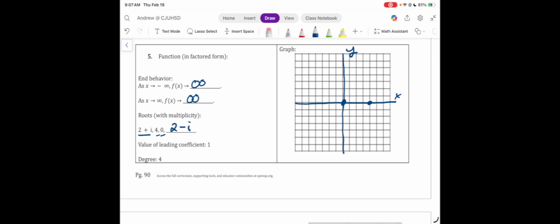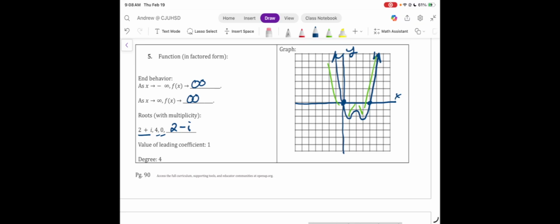So as a graph, it's going to come down from the top. It's going to turn around and squiggle around and turn around again and then come back through. So that when we count, the degree goes 1, 2, 3, 4.